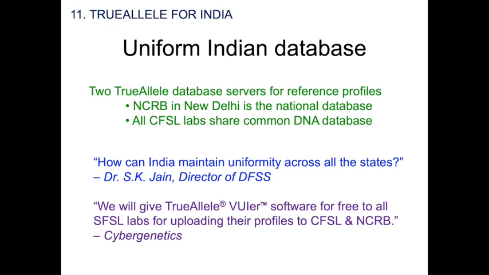Dr. Jain, director of the DFSS, asked, how can India maintain uniformity across all the states? And at Cybergenetics, we discussed it, thought about it, and our answer was, we will give TrueAllele viewer software for free to all the SFSL labs for uploading their reference profiles to CFSL and NCRB.